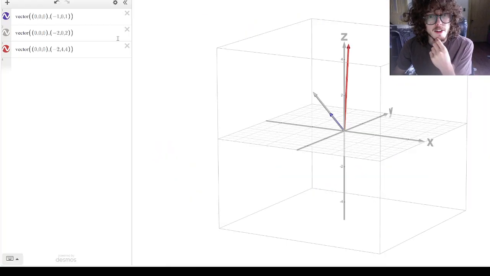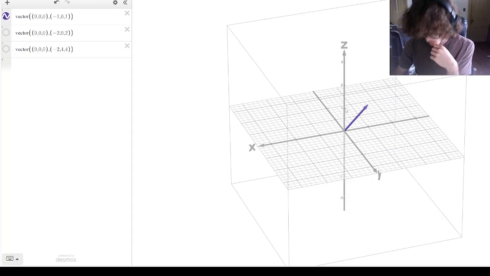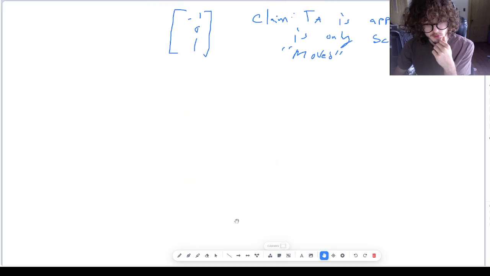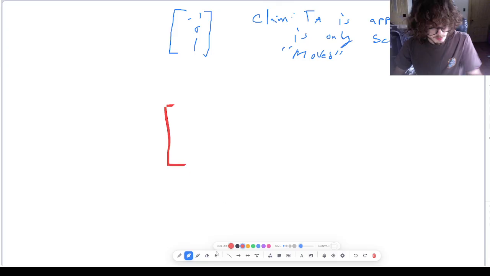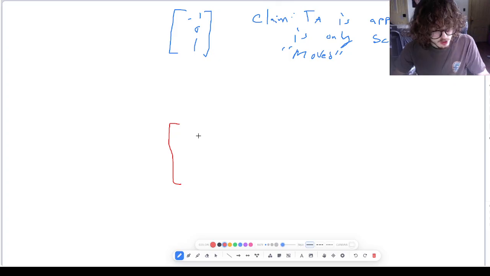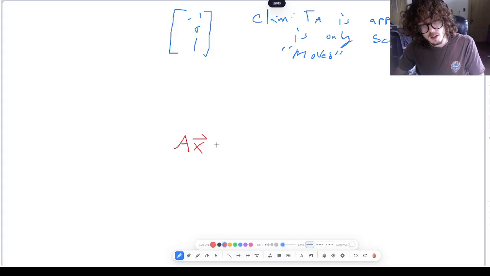So here's our vector, negative 1, 0, 1. Let's do the transform on it that we had. We need to show that A times that vector x, that eigenvector, is just some scalar multiple lambda x.